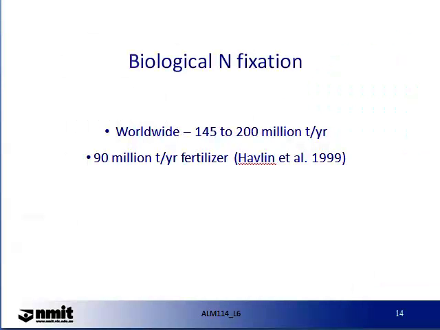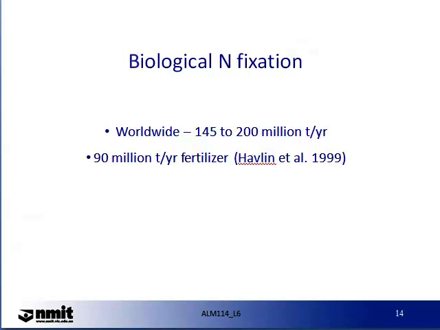The statistics for biological nitrogen fixation are truly impressive. Galloway et al. in 1999 concluded from a paper they published that 90 million tons per year of nitrogen was fixed in fertilizers, compared to 145 to 200 million tons per year of nitrogen fixed by biological agents.